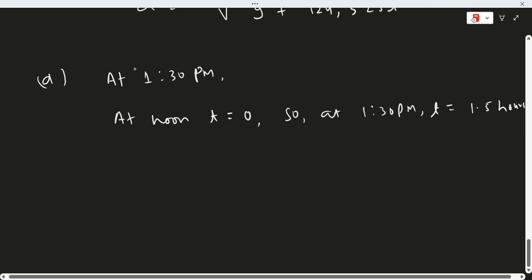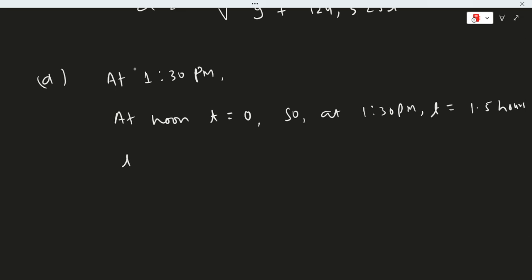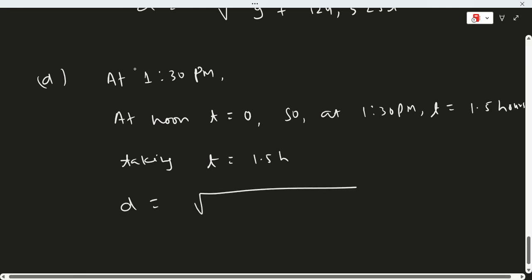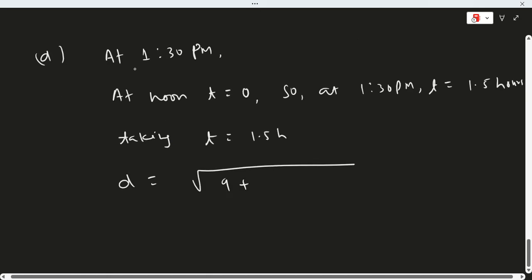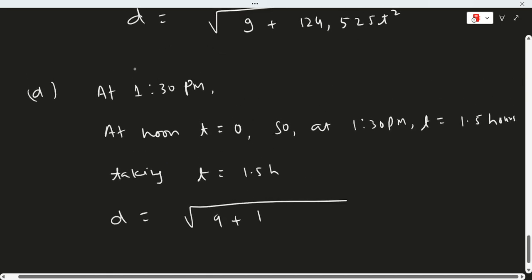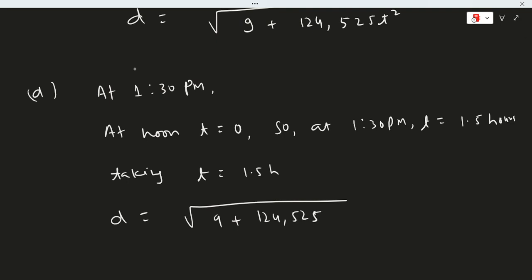Taking t equals 1.5 hours, d becomes, as we have already obtained, the square root of 9 plus 124,525 t squared, and t is 1.5, so times 1.5 squared.